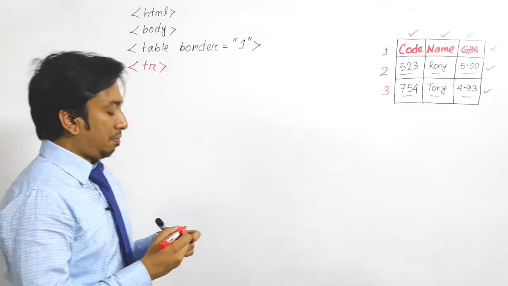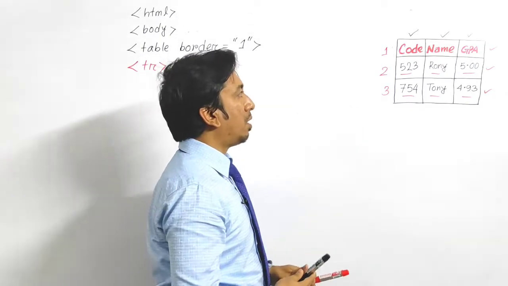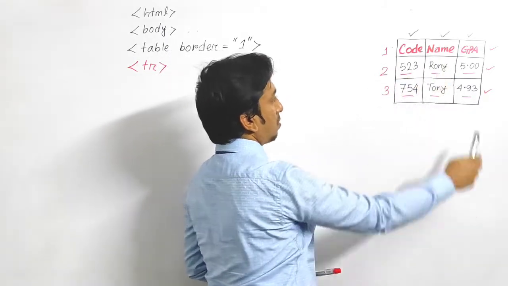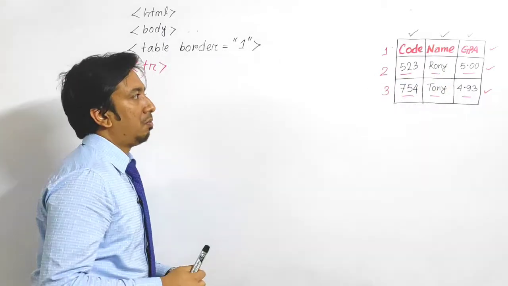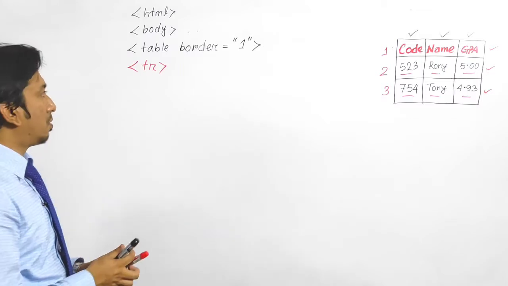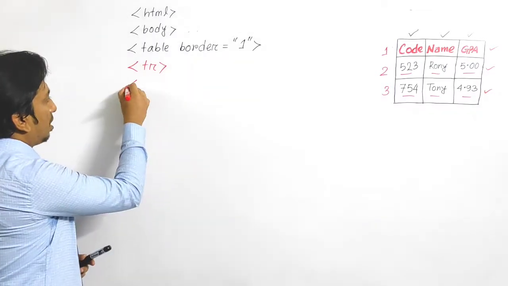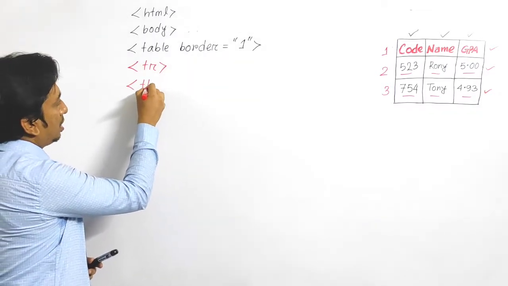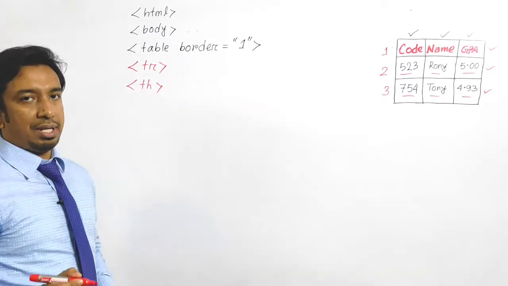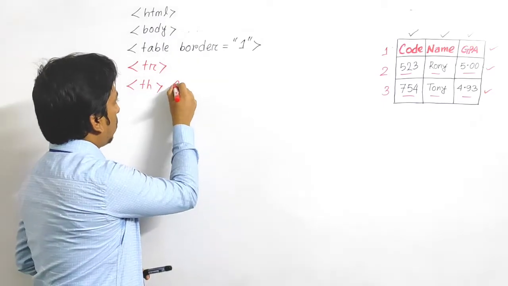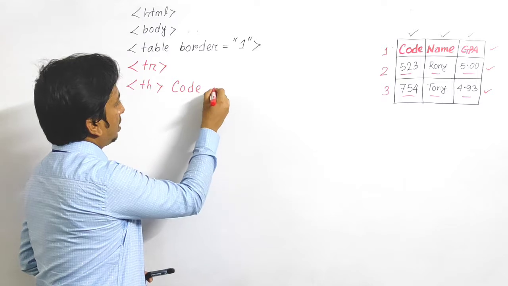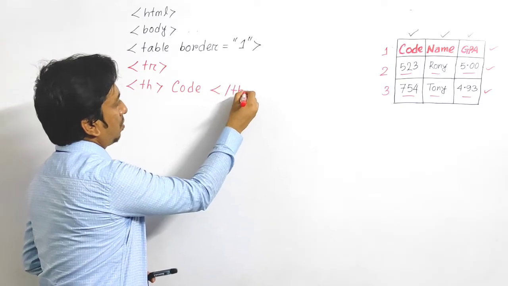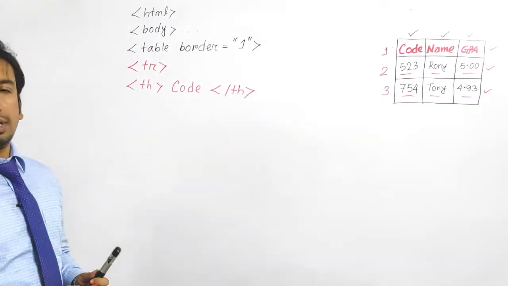then you can see first one is code, then second one name, and third one GPA, but those words are bold formatted. So you have to use TH here, TH for table heading, then write code and then TH close. Clear?